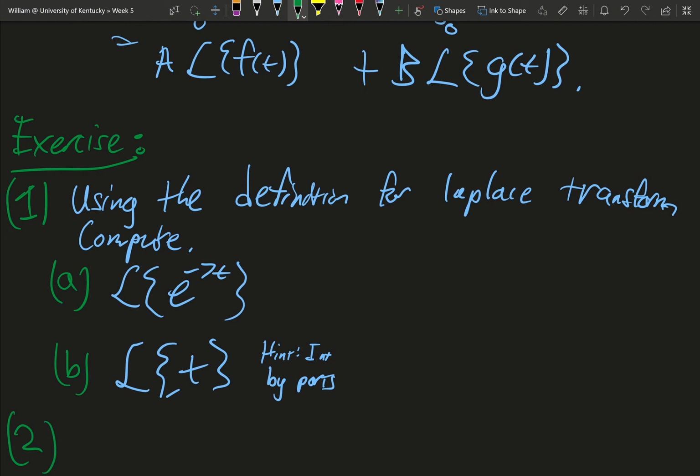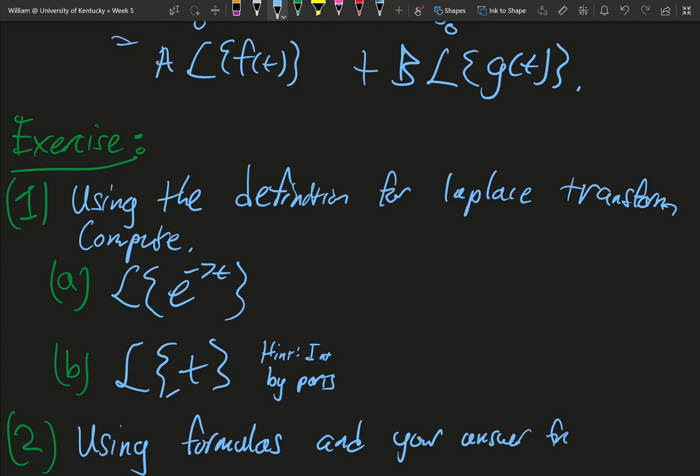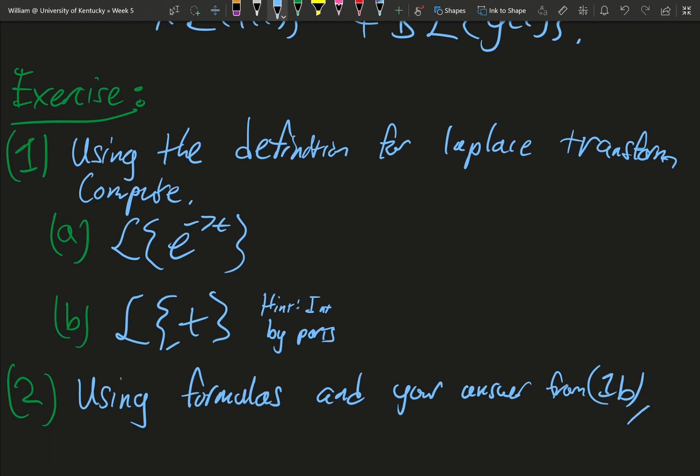And then for part 2, use your answer from 1b to compute the Laplace transform of e to the 6t plus 5 times t.